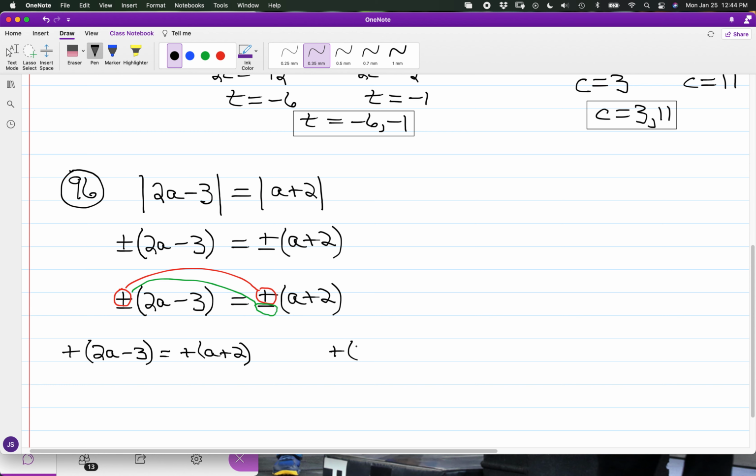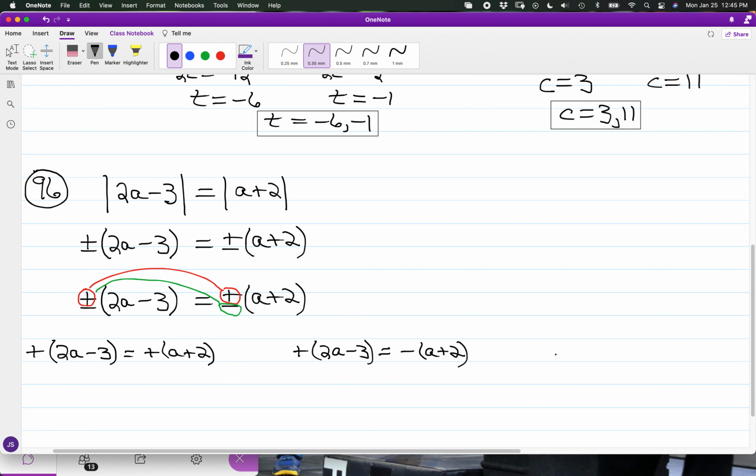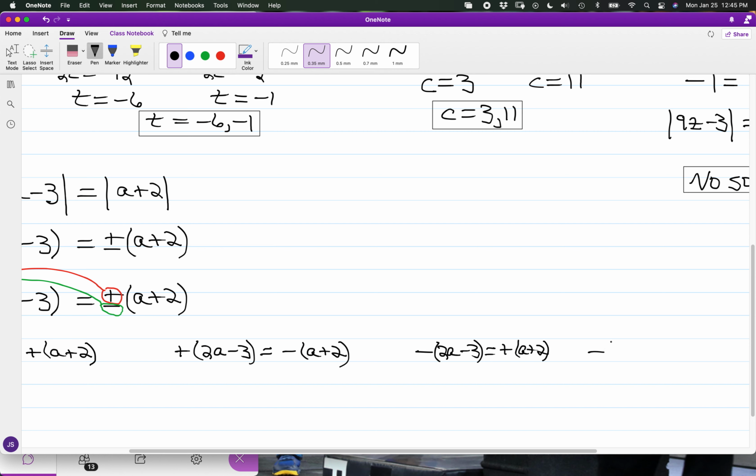And again, I have the positive of 2a minus 3 is equal to the negative of the quantity of a plus 2. And let me mention, if I went with the other combination, where I have the negative of the quantity of 2a minus 3 is equal to the positive of the quantity of a plus 2, you would have an element of redundancy.